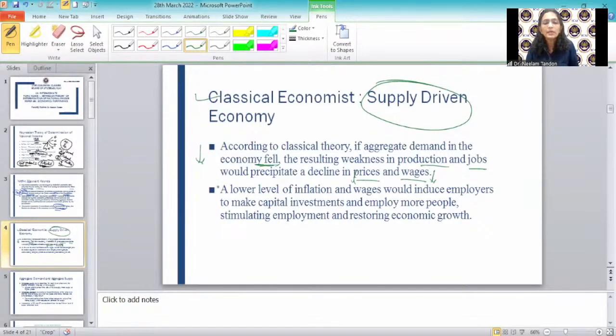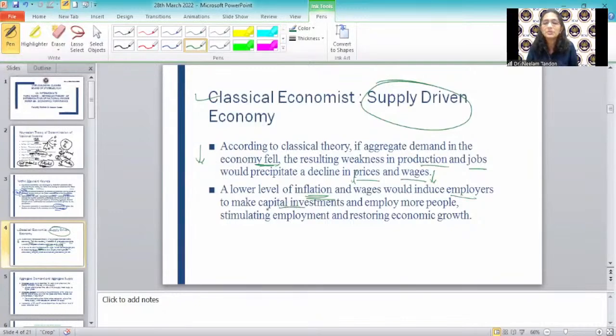That means the overall price level in the economy will reduce. If the overall price level reduces, more people will be ready to work and the number of jobs will increase because employers are ready to hire people offering a low salary. And they can go for investment also because the price is reduced, so the rate of interest will also reduce. So they'll go for investment.